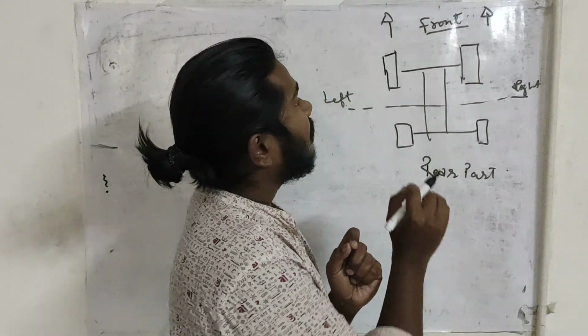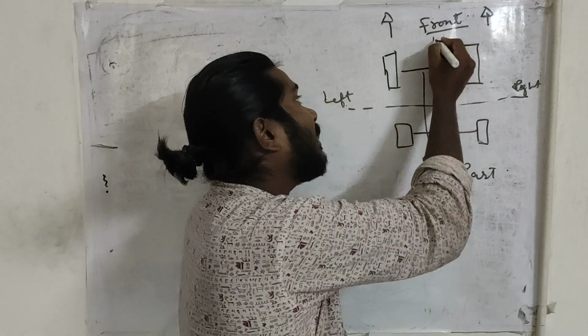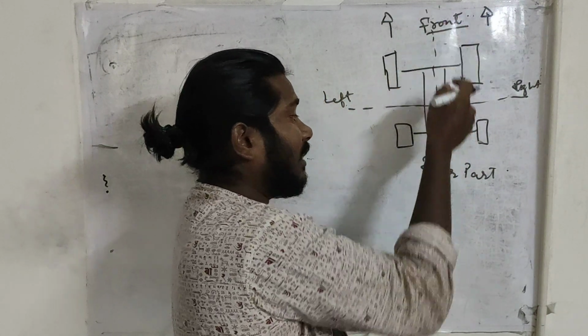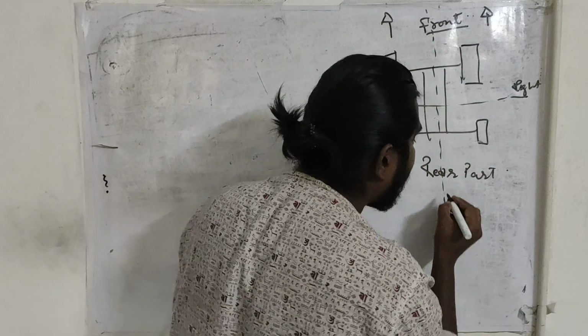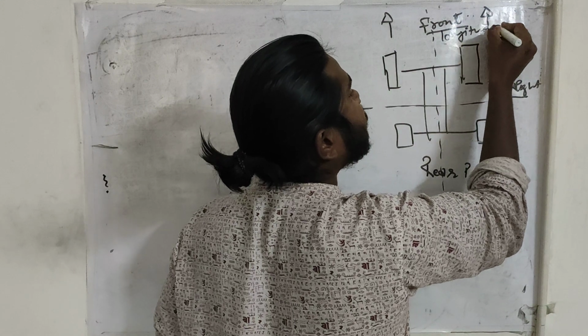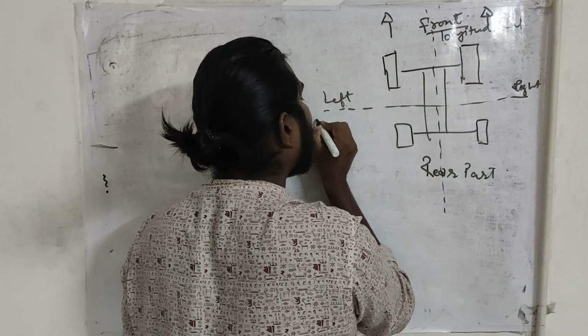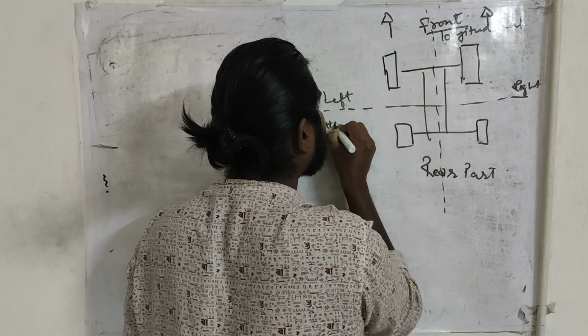The axis joining the front and the rear part, the infinite length axis, is known as the longitudinal axis. The axis joining the right and left is known as the lateral axis.